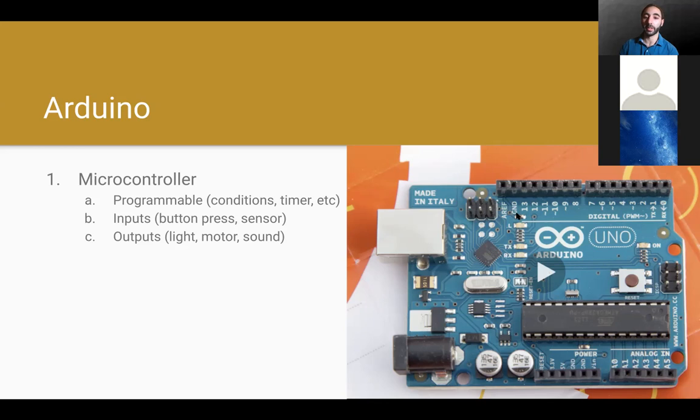Additionally, we also have ground and power, and depending on which pin it is, they have different purposes. So say this 13 one is either on or off. This one with the tilde on it is something called pulse width modulation, which means we can turn it on and off at a very specific rate to basically simulate a certain level.